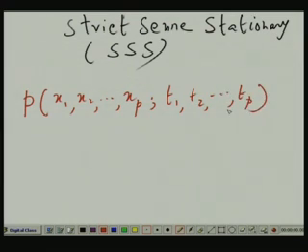Very simple, x of t was the random process. So, you are fixing some time points t1, t2, tp. X of t1 is a random variable, x of t2 is a random variable, dot dot dot, x of tp is a random variable. It is a joint density of them.